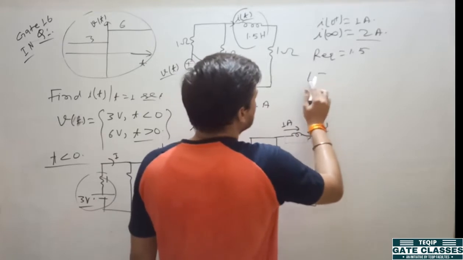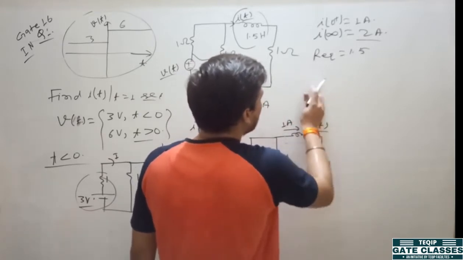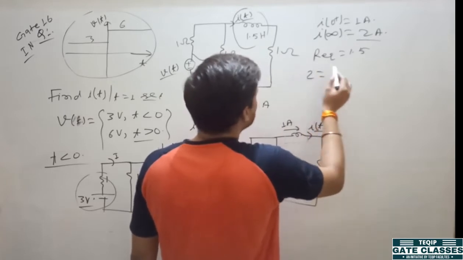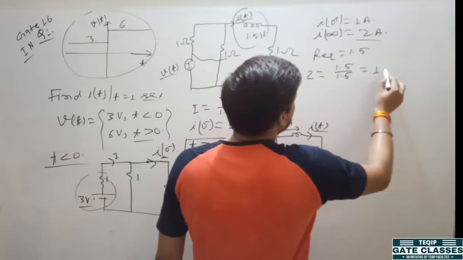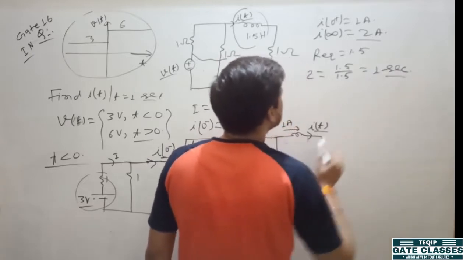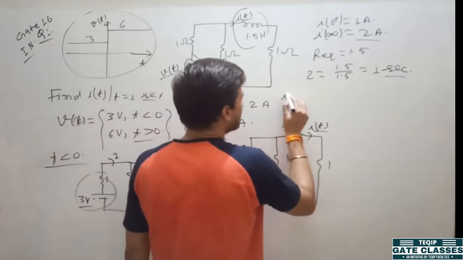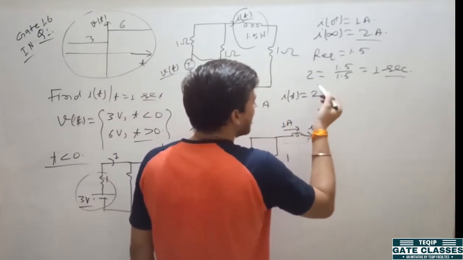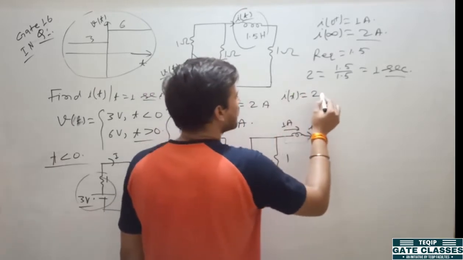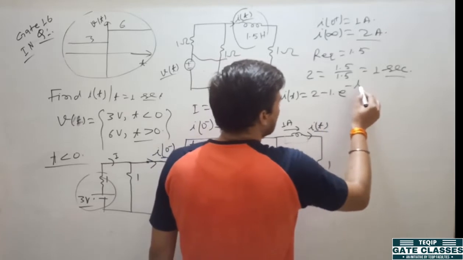So time constant tau will be equal to L by R equivalent. So L by R equivalent means 1.5 by 1.5. It is equal to 1 second. So now what we have to write? You have to write the current IT: I infinity 2 plus I0 minus I infinity means 1 minus 2, that means minus 1 into e to the power minus t by 1.